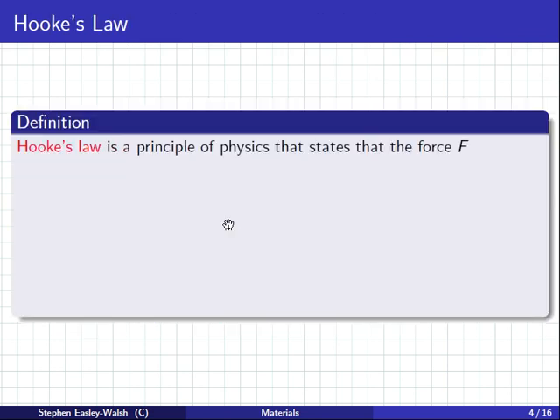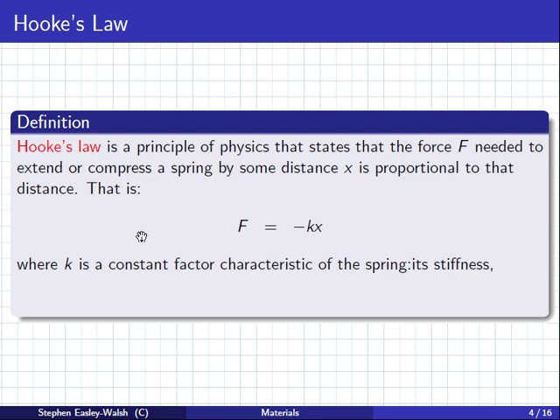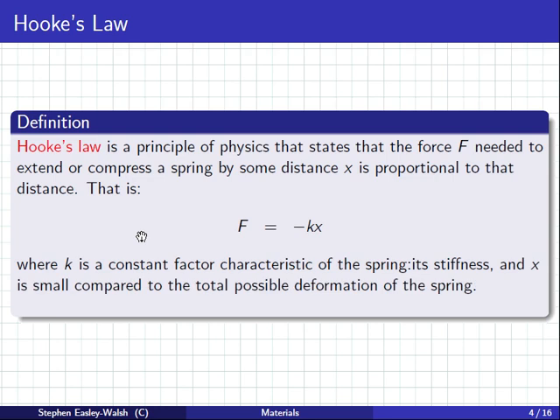Hooke's law discovered that the force F needed to extend or compress a spring by a distance x is proportional. That is, F equals minus kx. Now, why is the minus in the formula? It's back, isn't it? K is constant. It's also called the stiffness.